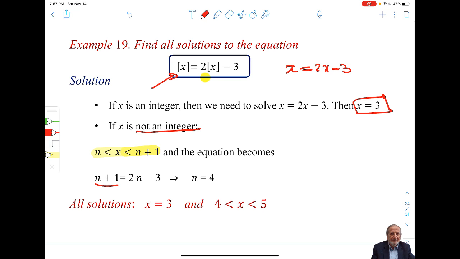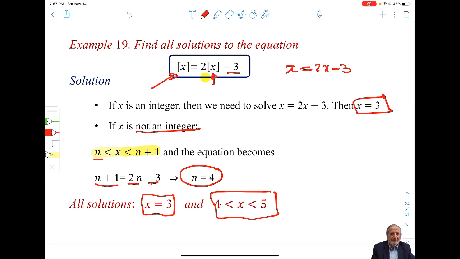And here you have two times the floor function of x. Floor function of x is n, so that's 2 times n minus 3. When you solve this equation, you find n is equal to 4. So now all the solutions are x equal to 3 or x between 4 and 5.